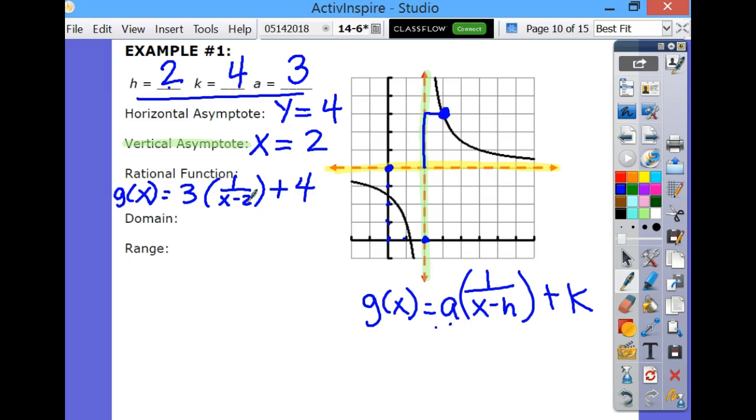The domain is all real numbers except this vertical asymptote. The domain is all real numbers from negative infinity to positive infinity, except there's a break at 2.